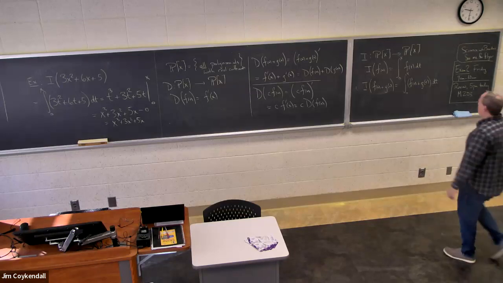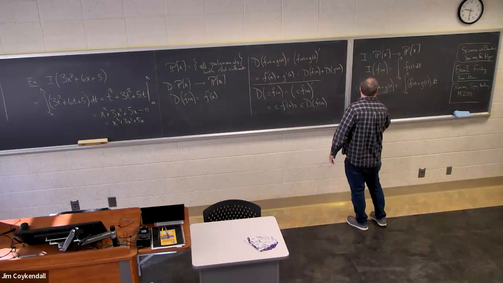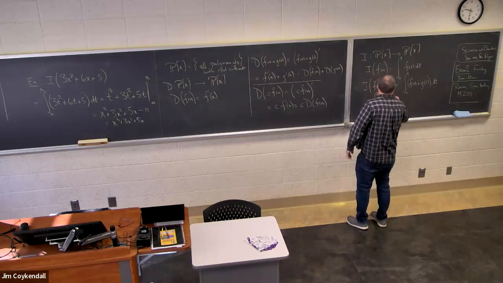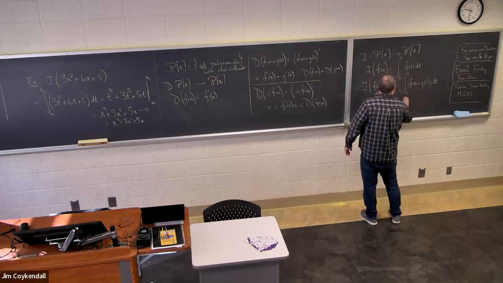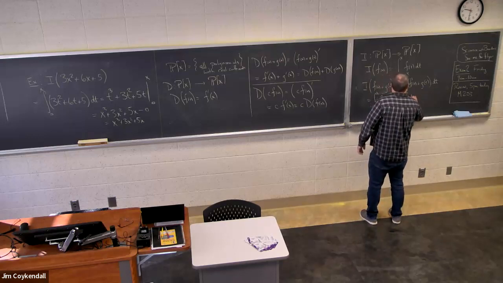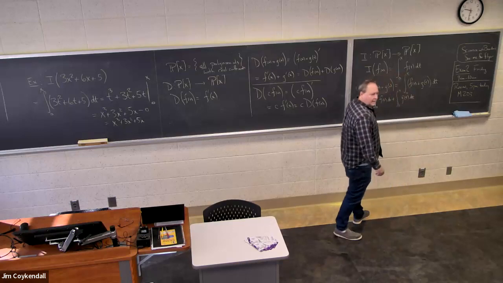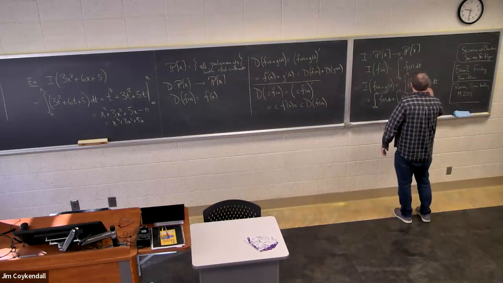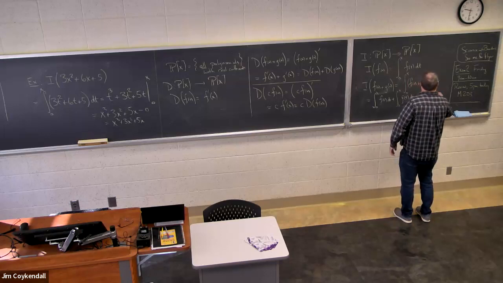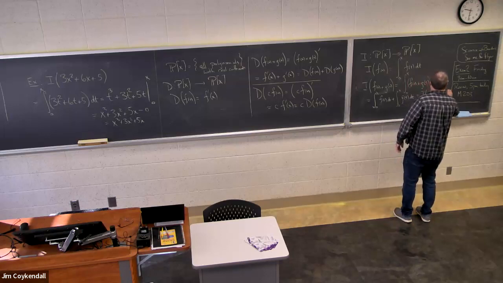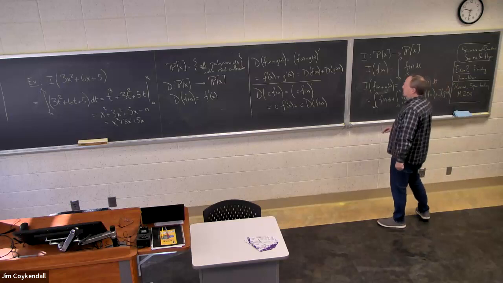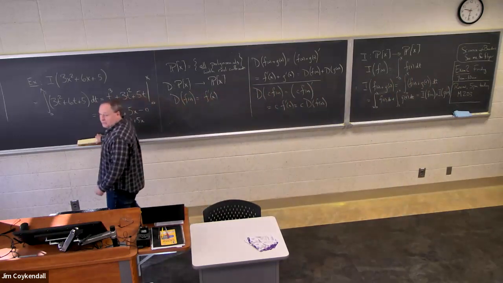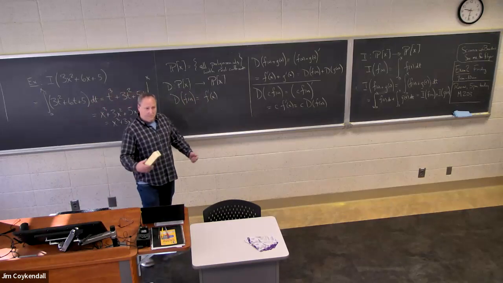If they're both integrable, which they are. Split the integral, and this is I of f of x plus I of g of x. There we go. So it works with respect to our first rule. It respects the sum, right?